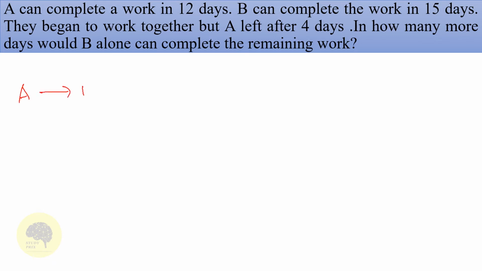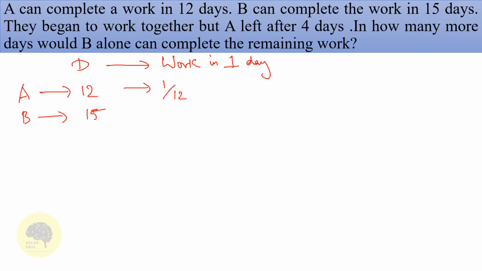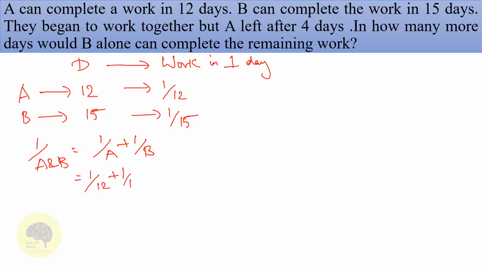Okay, first write down the data from the question. A can complete the work in 12 days. B can complete the work in 15 days. First convert the days into work done in 1 day. Just take the reciprocal: 1 by 12, 1 by 15. From this we can find the work done by A and B together in 1 day, which is nothing but 1 by A plus 1 by B, 1 by 12 plus 1 by 15.